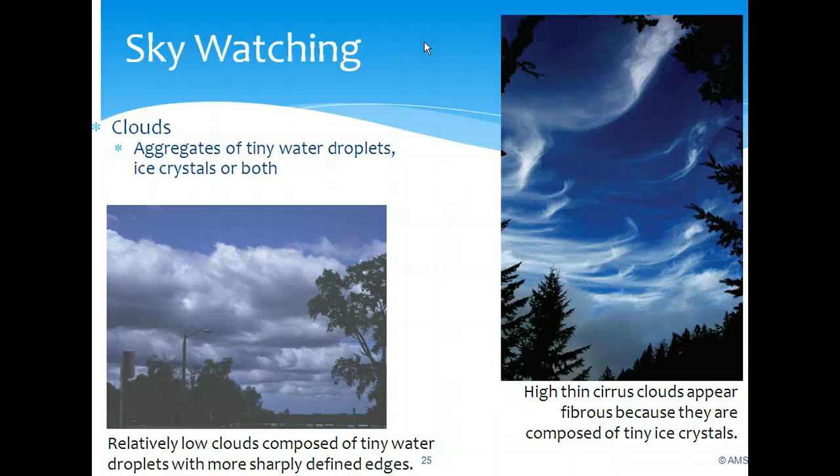And we know generally that relatively low clouds are composed of primarily water droplets, and they generally have relatively sharply defined edges, whereas those higher clouds, such as the cirrus clouds that we see here, are composed of tiny ice crystals and generally look fibrous or wispy because of the nature of the way that water is aggregated in those particular environments.